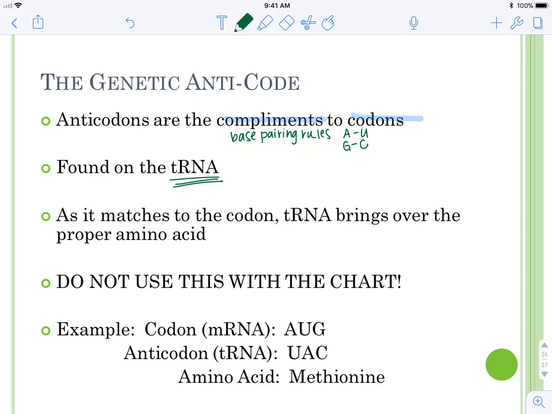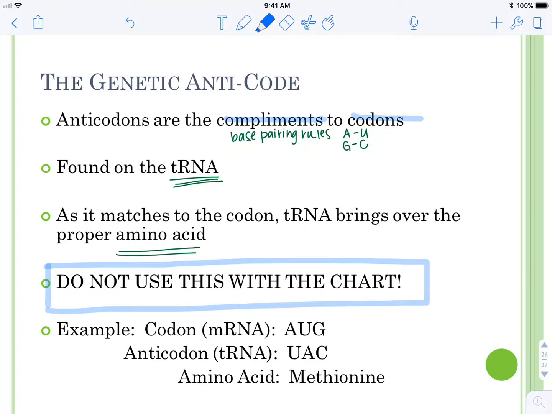That's huge. Okay, and it matches up to the codons, which allows it to bring over that proper amino acid. This is one of the most important statements of this entire slide. Do not use anticodons with the chart. The chart is only for codons.